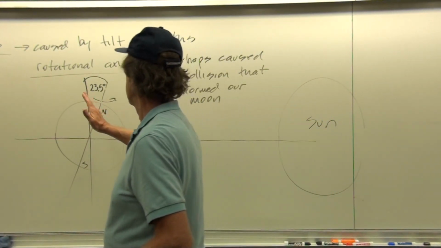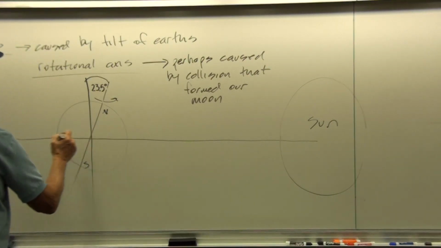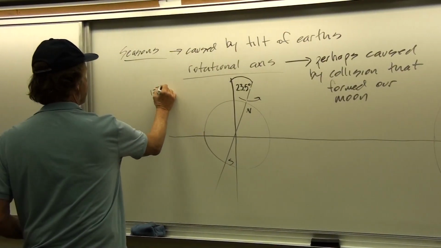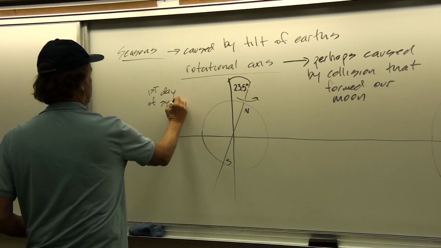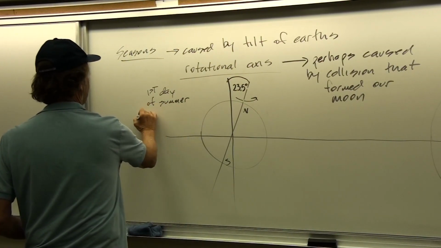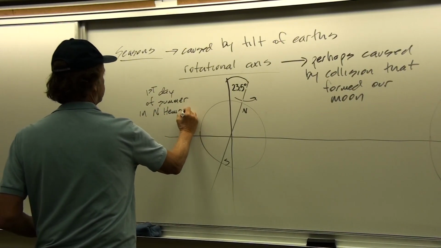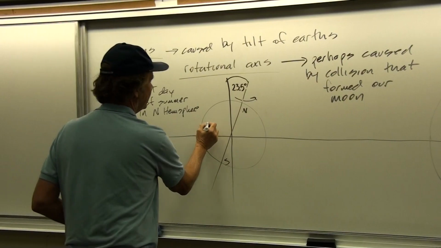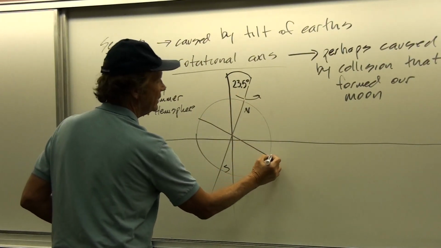And so when the Earth is tilted toward the sun, like this, we have the first day of summer in the northern hemisphere. We define the northern hemisphere as being everything to the north of the equator.